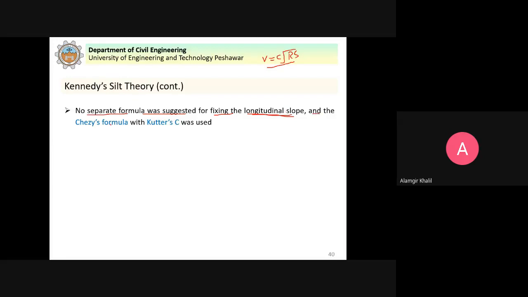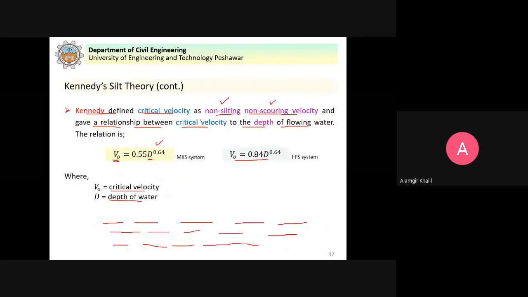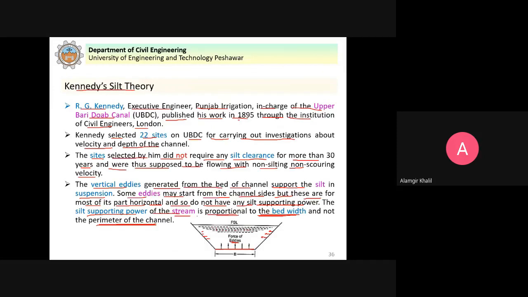And the Chezy formula and Cutter formula to determine the C in the Chezy formula, these equations were used. Because you see that at that time, when Kennedy developed these equations in 1895, those equations were available to him at that time.